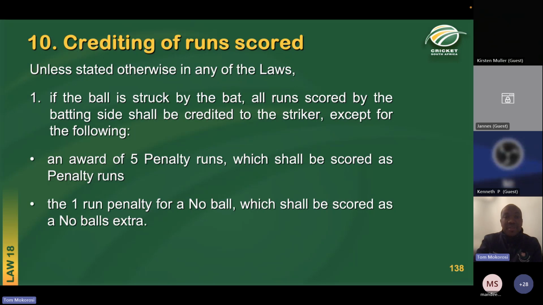You can have runs to a batter, penalty runs, and a 1-run penalty for a no ball all in the same delivery. You just need to be very careful as to how you signal all of those incidents in the particular delivery.